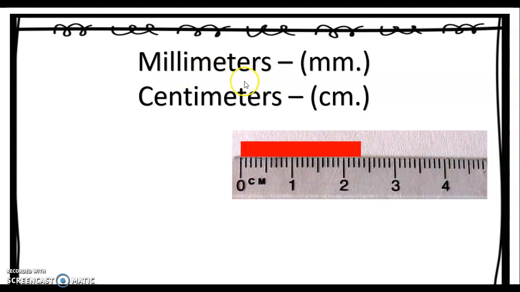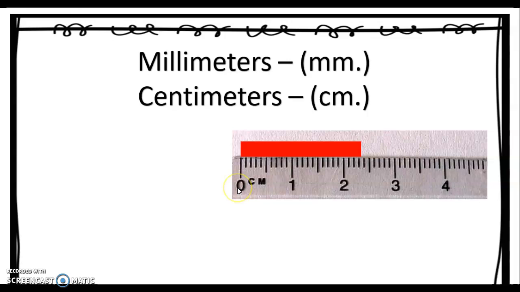When you see millimeters, sometimes you'll see the abbreviation mm, period, centimeters, cm, period. Here we have millimeters that make up a centimeter. All of these little lines are millimeters. If you count them, you will see that there are 1, 2, 3, 4, 5, 6, 7, 8, 9, 10. 10 millimeters make up a centimeter.